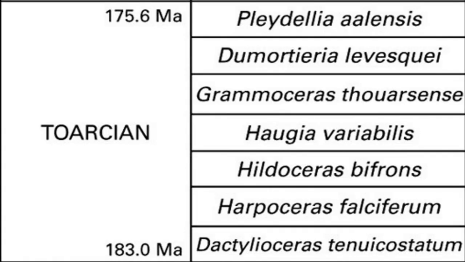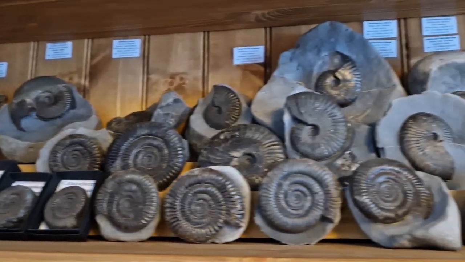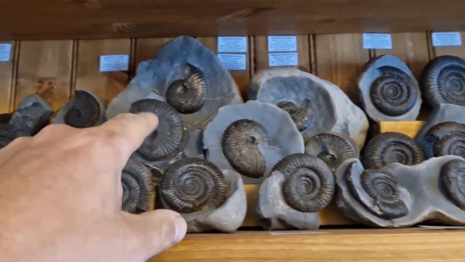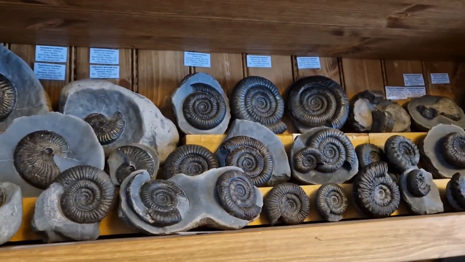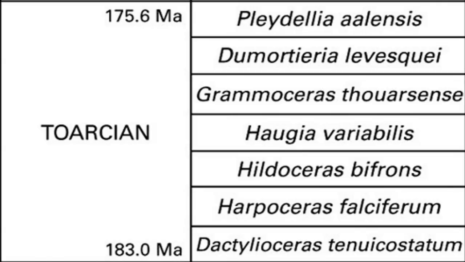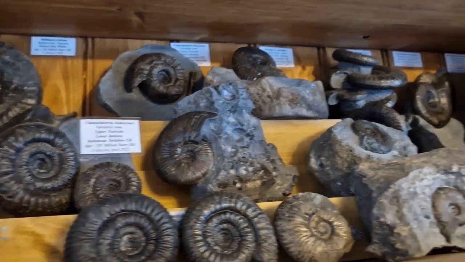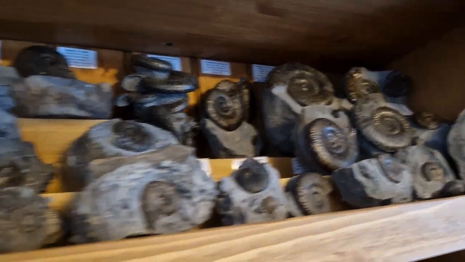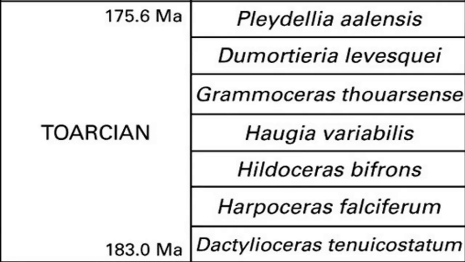We then get the most well-known zone, which is the Bifrons zone, where we get the Dactylioceras and Hildoceras. After that, we only see the next few subzones at Ravenscar. So we've got the Variabilis, where we get the Haugia, and the Thouarsense zone, where we get the Grammoceras. And then the last two youngest zones, Levesquei and Aalensis, are not really seen in Yorkshire, but they are seen elsewhere in the country.